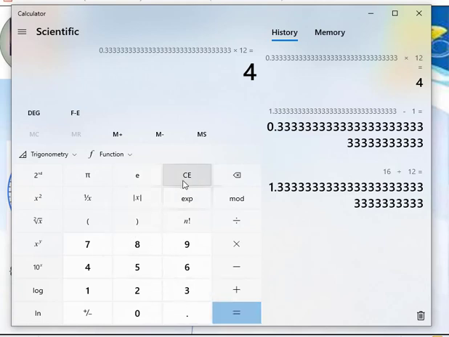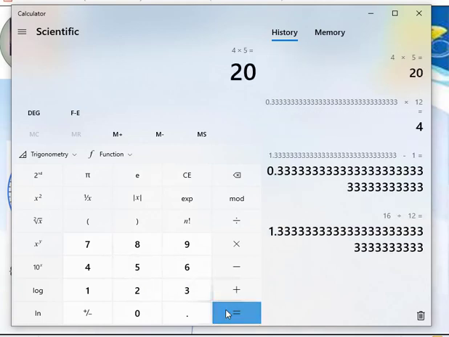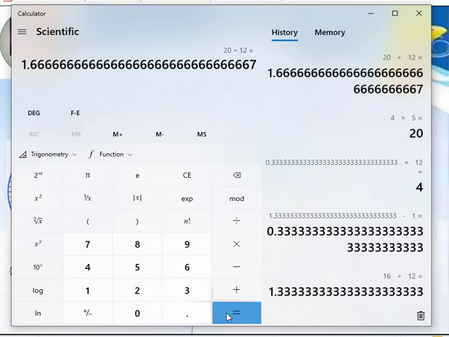The next example on the screen is 4 times 5, which is 20. We are counting in modulo 12, so we divide this by 12, and it will give us 1.666.